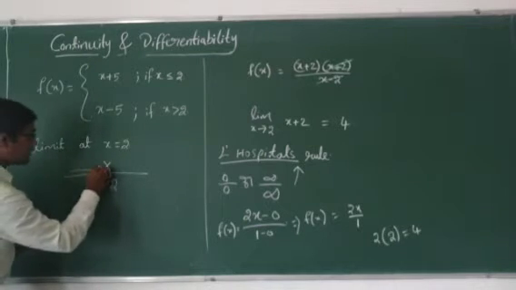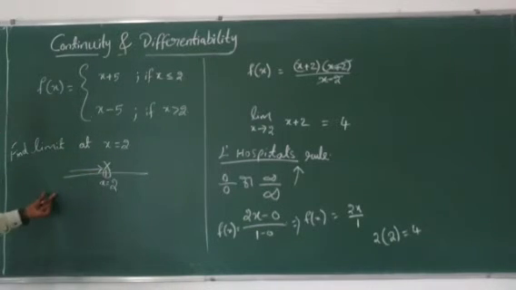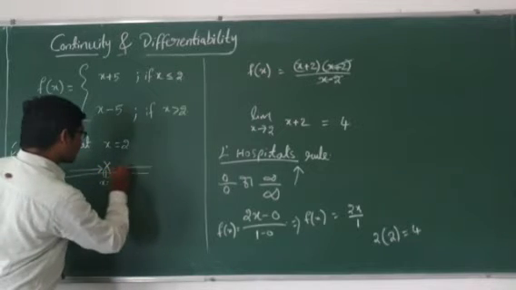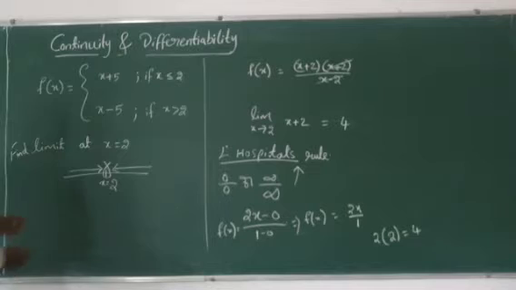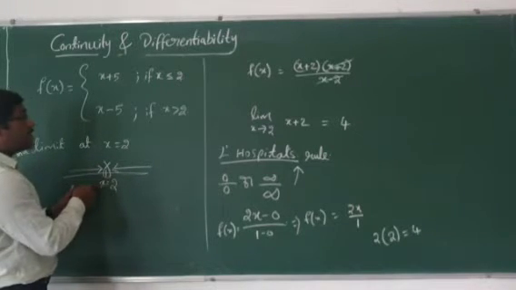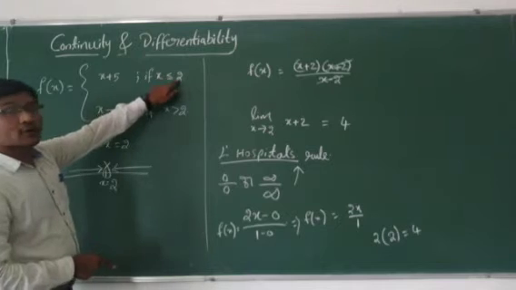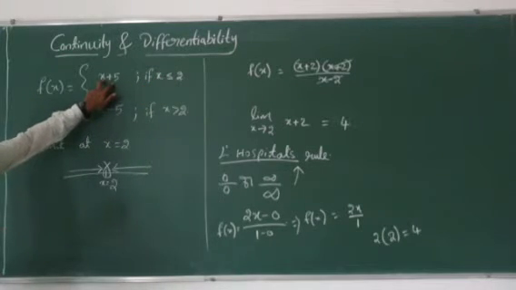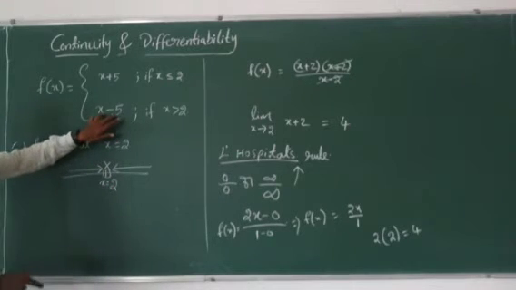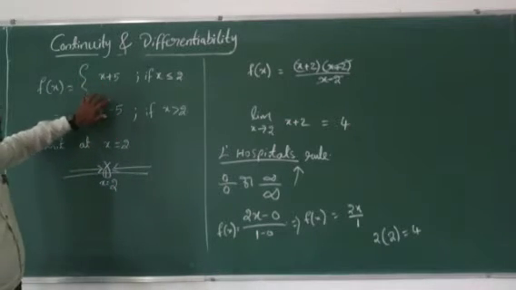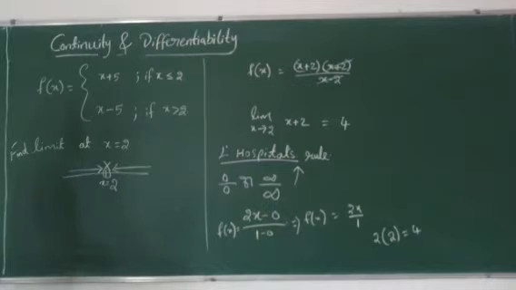We have to consider the values which are left side of 2, and the values which are right side of 2. But in this problem, when I come from the left side, x less than 2, I have a function x plus 5. But when I come from the right side, I have a function x minus 5, which are completely different.